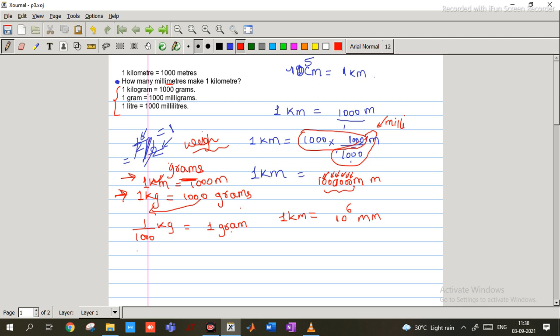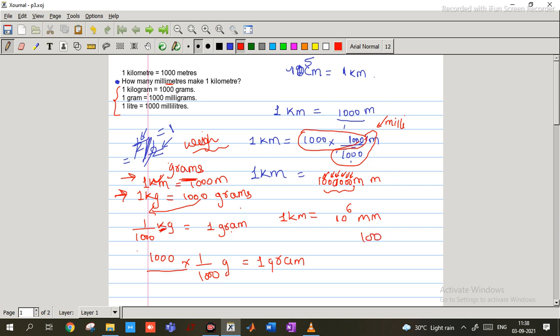Now let's expand this k also. I told you 1 k is 1000, and let's write this 1000 like this. Can I write it in this way? I can, right?